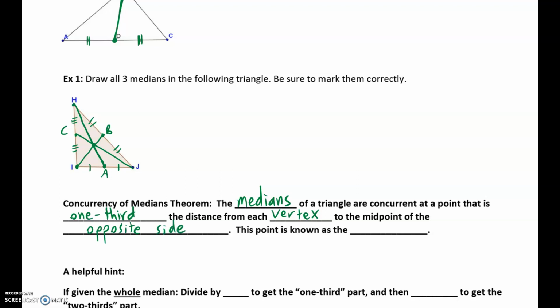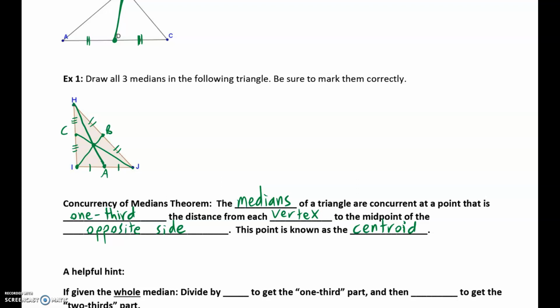This point, by the way, is known as the centroid. You might have heard centroid in physics class. Centroid is actually the balance point. So if you were to actually find the centroid of a triangle and put it on your finger at that point, it would balance perfectly.